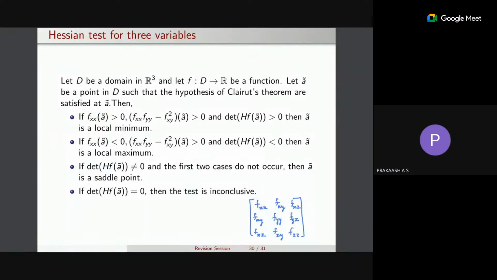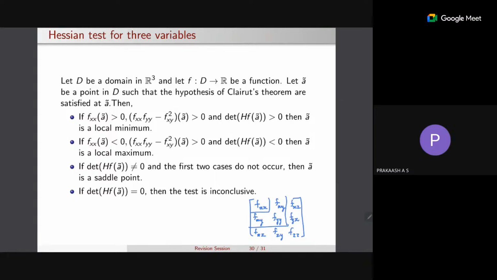I'm not writing a tilde everywhere. When do you conclude that A is a local minimum? This is how you have to see it. You look at this 1 cross 1 matrix, that is just the first entry, fxx. Now, fxx is positive. Then you look at the leading 2 cross 2 matrix, which is fxx, fxy, fxy, fyy.